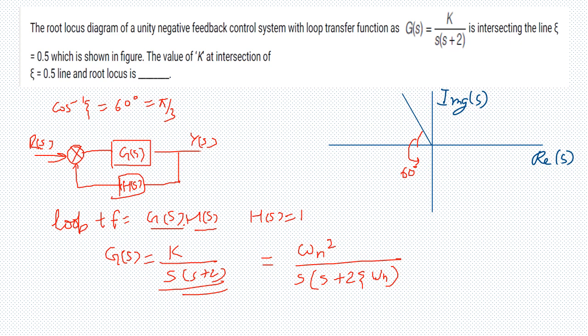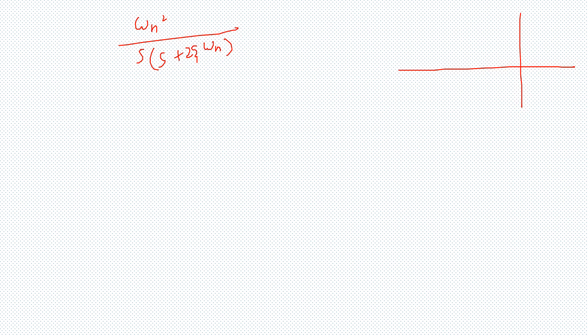If I want to draw the root locus for this, it will be one pole at the origin and one pole somewhere here, and they will diverge like this, and again it will go like this.